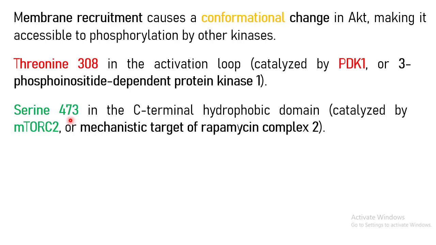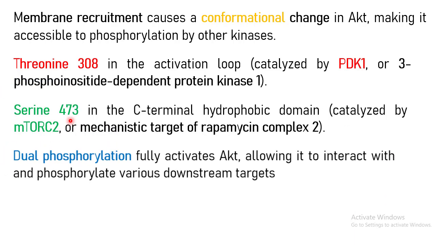So you are going to phosphorylate the AKT at two specialized positions, one at threonine 308 and another at serine 473, and this is only possible because of the interaction of the AKT with the PIP3. Because of that interaction, these two kinases can access the AKT, making it active.